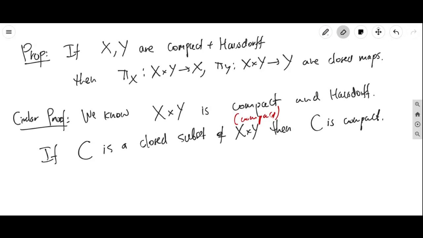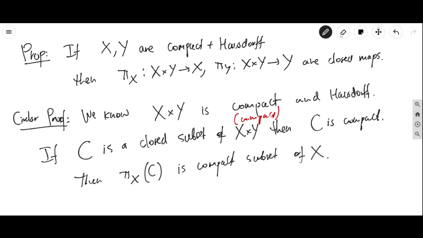So if you pick a closed set in the product, it's going to be compact. Then the projection onto X is a compact subset of X, because our theorem on compactness says that continuous maps push compact sets to compact sets.